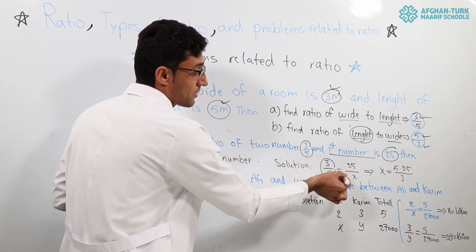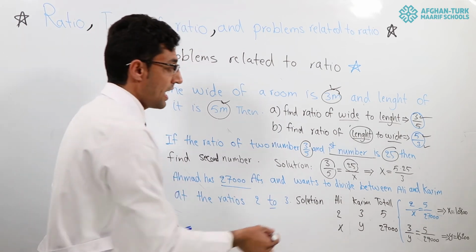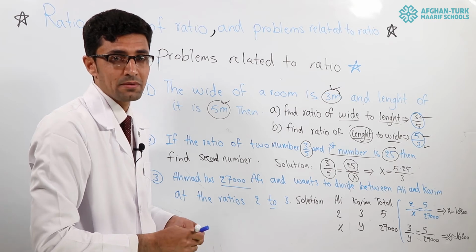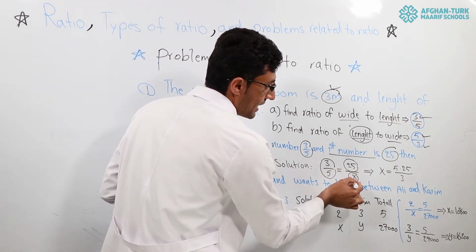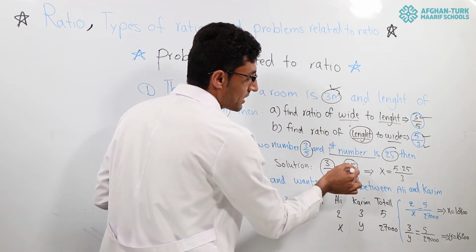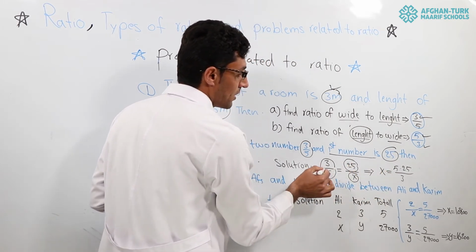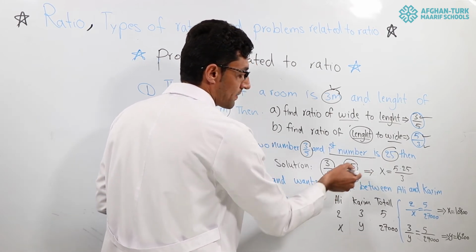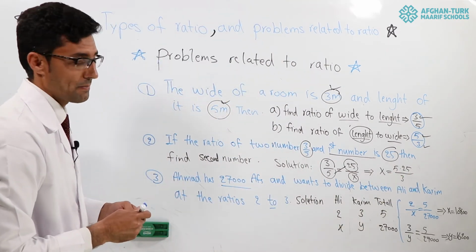Ratio is equal to, what is in here? 25 is first number. And what is x? Second number. You know cross multiplication, okay? 3x is equal to 5 multiplied by 25. Or we can say x is equal to 5 multiplied by 25 divided by 3. And it is your job.